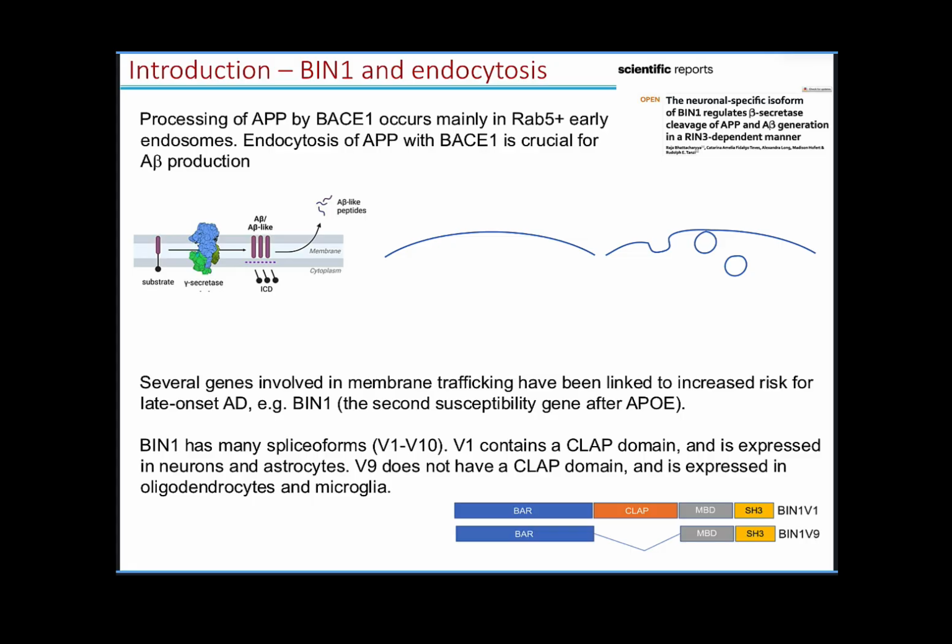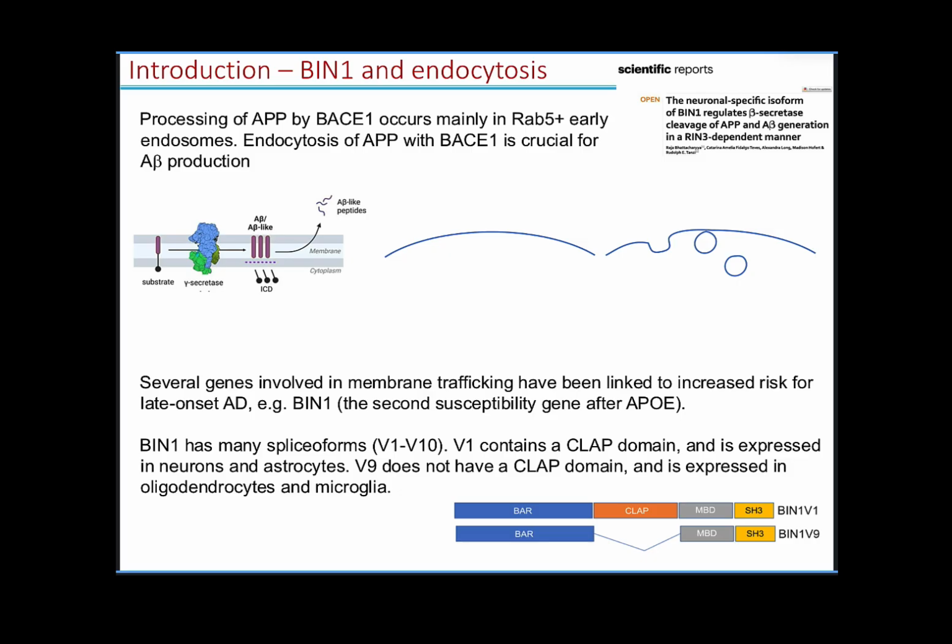Because research has shown that V1 is expressed in neurons and astrocytes, whereas V9 is expressed in oligodendrocytes and microglia. And once again, this recurring theme that whenever you see specific patterns of expression, you can start hypothesizing about specific roles of these proteins in various cells.